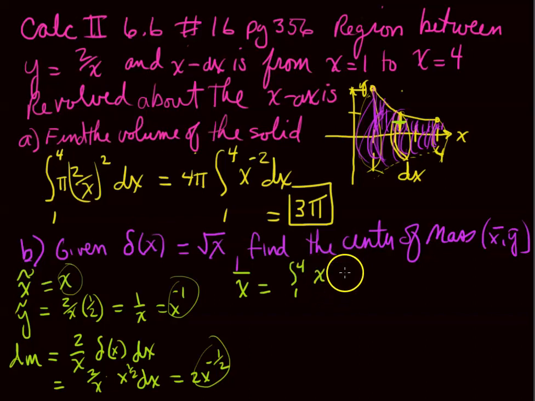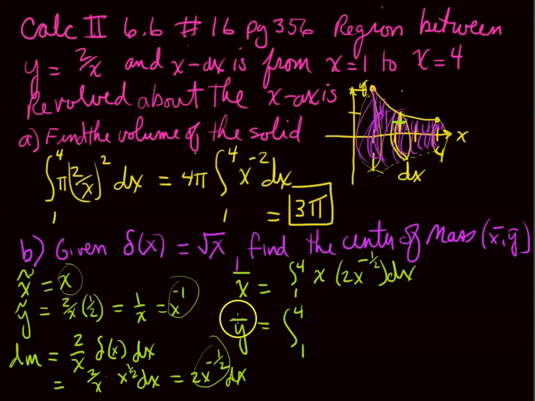Dm is, with the dx here, 2x to the negative 1/2 dx. For y bar, the integral from 1 to 4 of y tilde, which is x to the negative 1, times the 2x to the negative 1/2 dx.